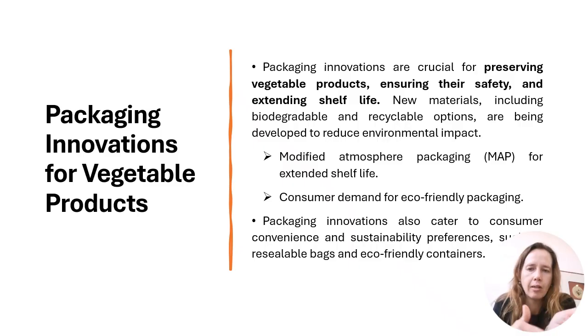We can have elderly or adults. We don't care too much about whether there's a dinosaur drawn there or not. But when we talk about kids and we want to deliver healthy food to them, we need to encourage them to consume it. So a way to do that is to make drawings, or we insert some games or something that they can play. And that's all related to the packaging of the vegetables.